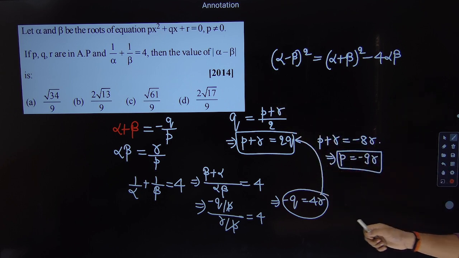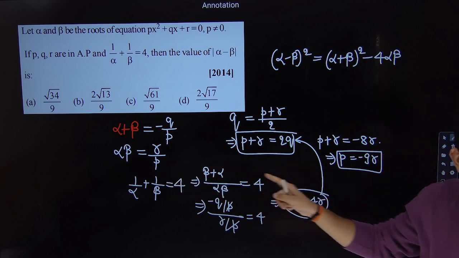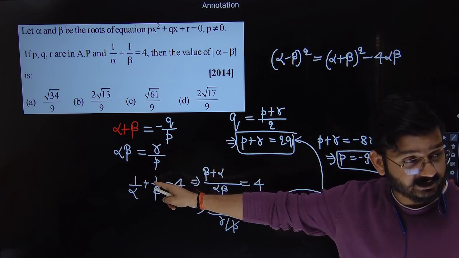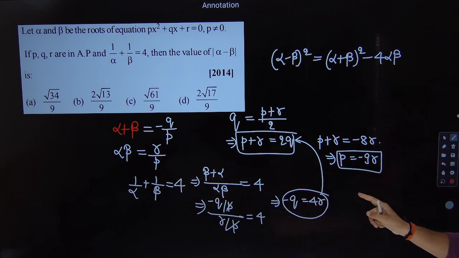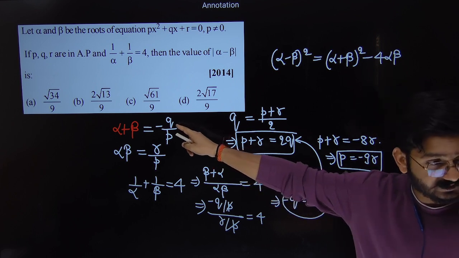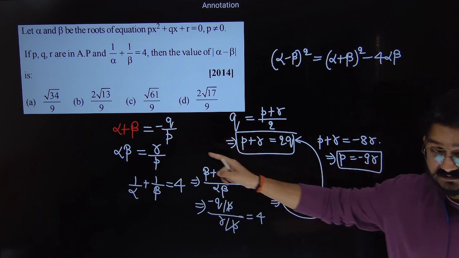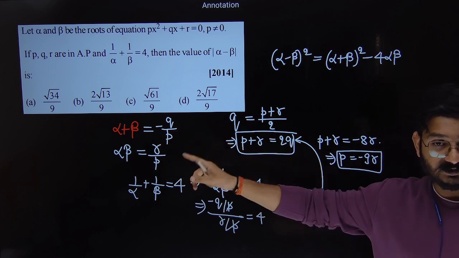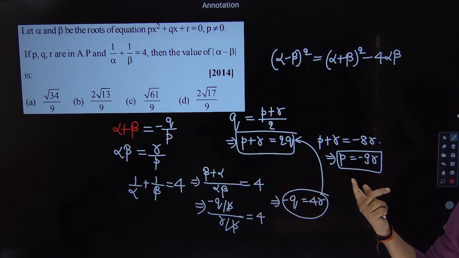P is minus 9r, so when you substitute, this becomes minus 1 by 9. Then q is minus 4r. You can substitute q as minus 4r and p as minus 9r, and both numerical values will come, so you will get the answer.